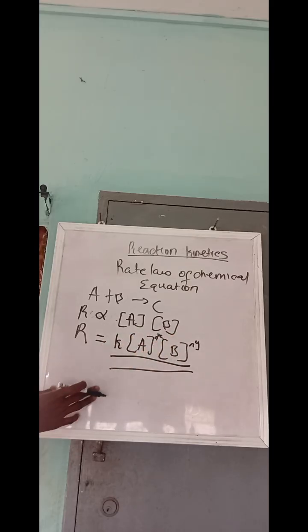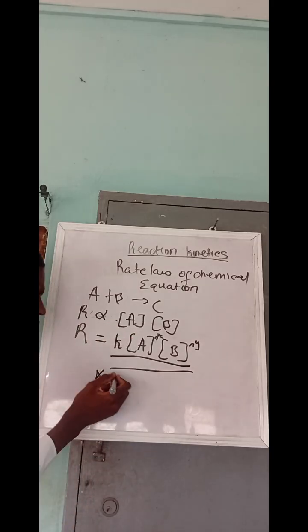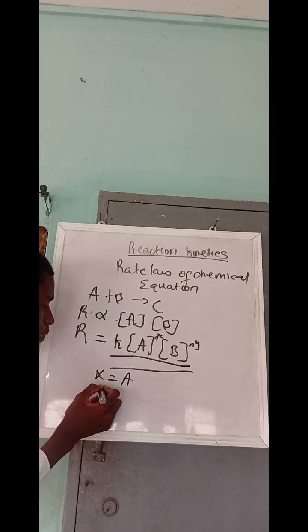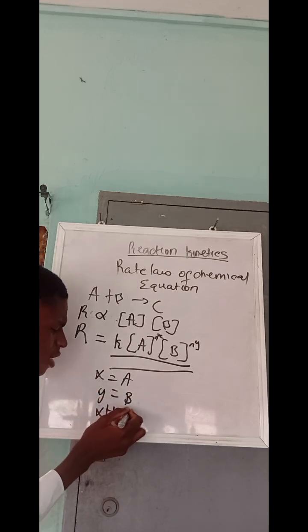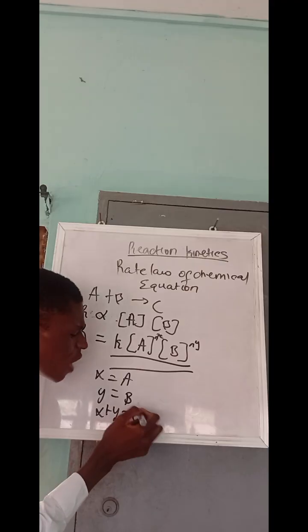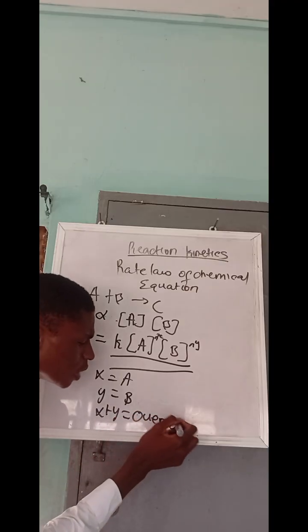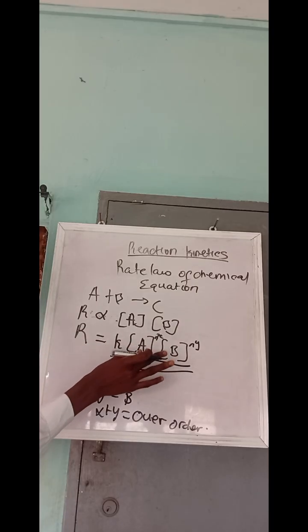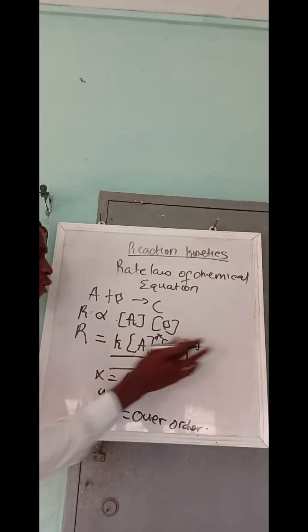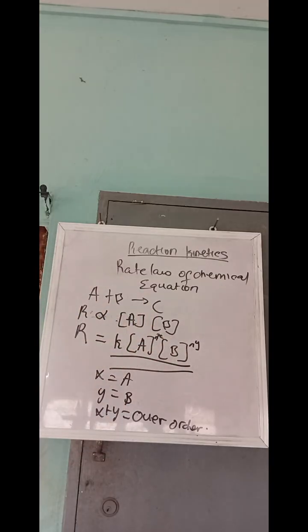In this rate law, you can determine your order of reaction by noting that X is the order of reaction of A, Y is the order of reaction of B, and X plus Y is the overall order of reaction. Am I communicating? So this is how it is: R is equal to K, concentration of A raised to power X, concentration of B raised to power Y. That is how we write our rate law.